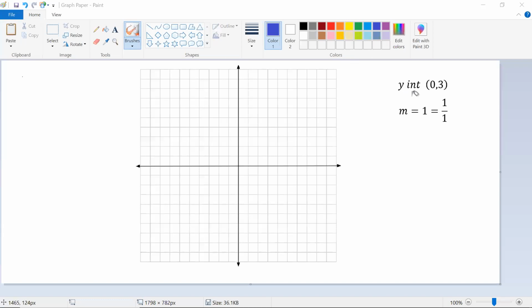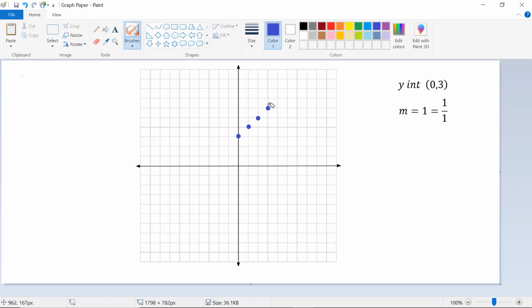So 0, 3 is the point up here. A slope of 1 means I go up 1 and to the right 1. I can continue that pattern, up 1 to the right 1, up 1 to the right 1.